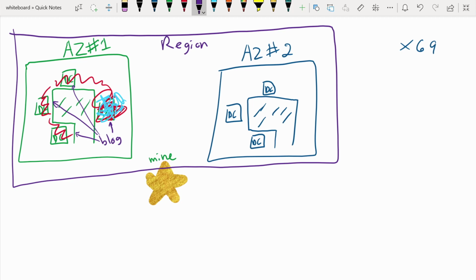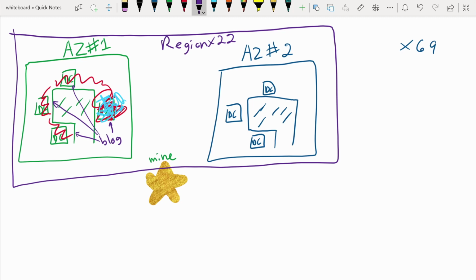So it can't be too close so that the fire doesn't go to the other side, but it cannot be too far either because we need to be able to copy the data really, really quickly. That blog data needs to be copied across these availability zones really quickly. So we regroup these availability zones inside of a region. There are 69 availability zones and there are 22 regions as we speak across the world.